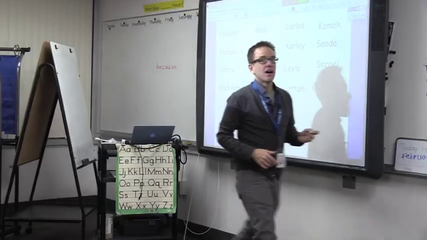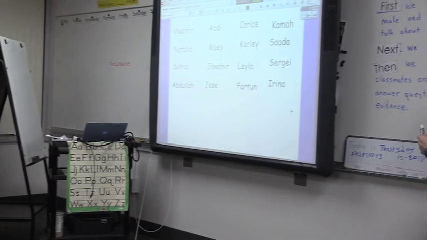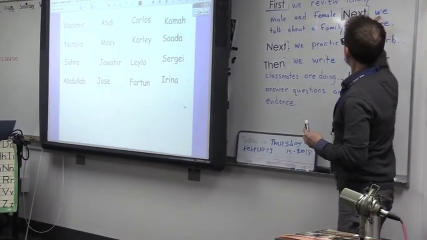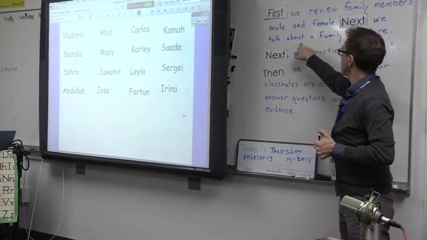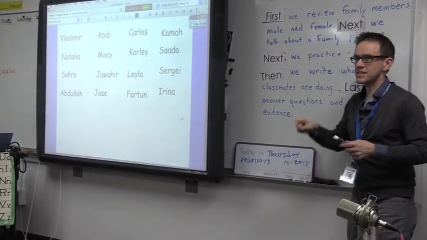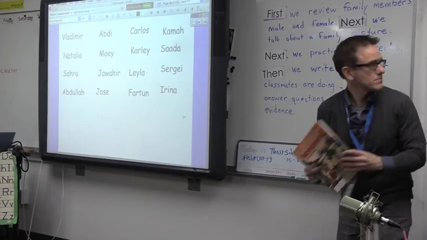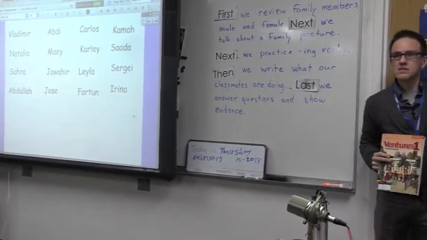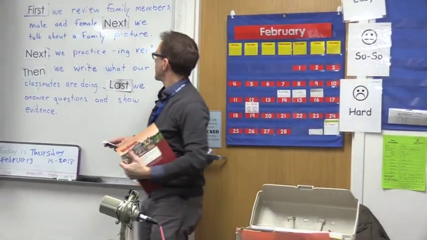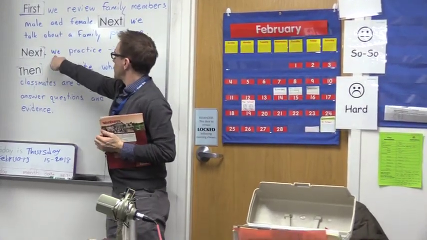Sarah. Okay, before we go to break, let's see. What did we just do? How about this one? We talked about family pictures. What do you think? Yeah. How was that? Easy. You feeling good? Okay. How about this one?